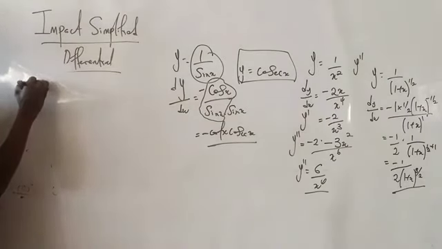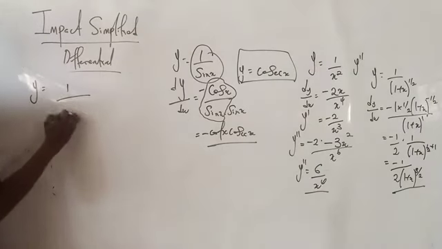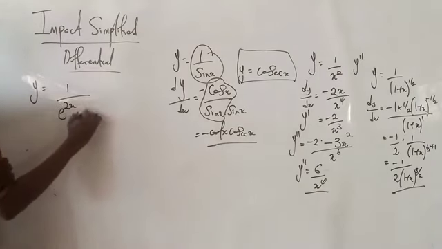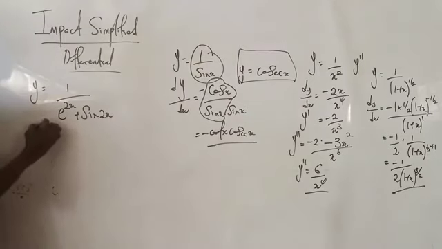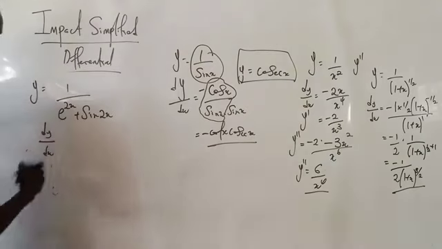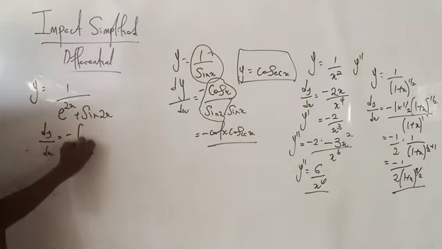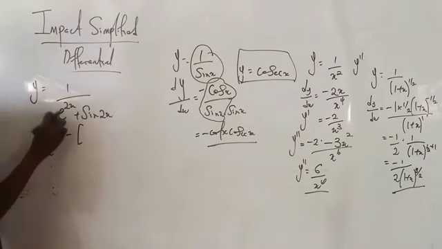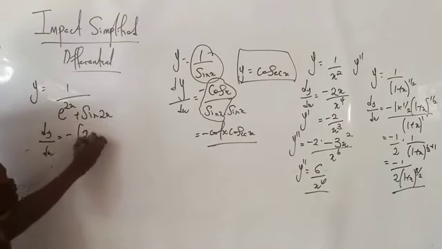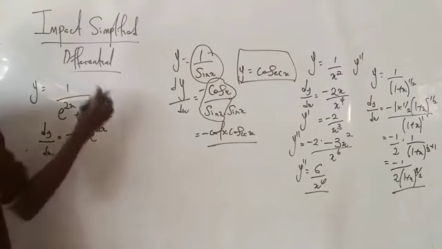Now let's look at this. We have y is equals to 1 over what? Exponential 2x plus sine 2x. Wow, it's very simple. And that is how you can differentiate making use of a reciprocal function. We have it as what? Dy over dx is equals to what? Minus the differential of what? Of the denominator. So if you differentiate this, what do we have? 2 exponential 2x.